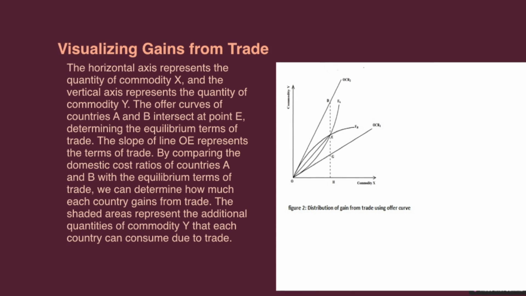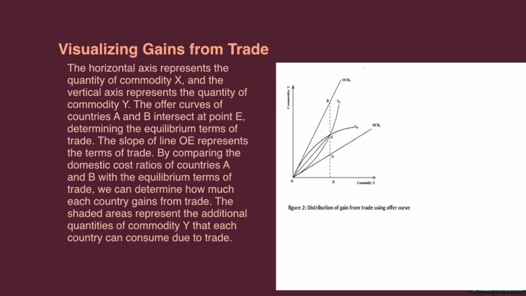We will get DE units of Y by sacrificing only EH units of Y instead of DH units. So both countries could gain by engaging in trade, where the gain depends on the respective countries' cost ratio and terms of trade.